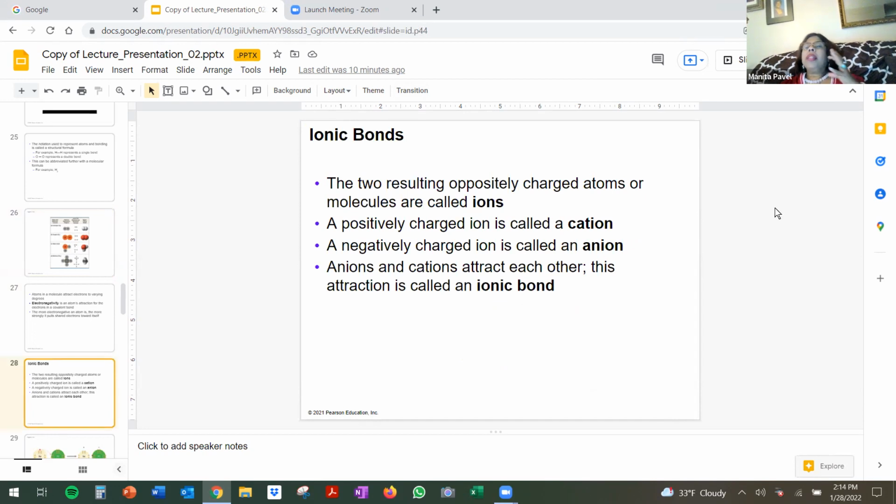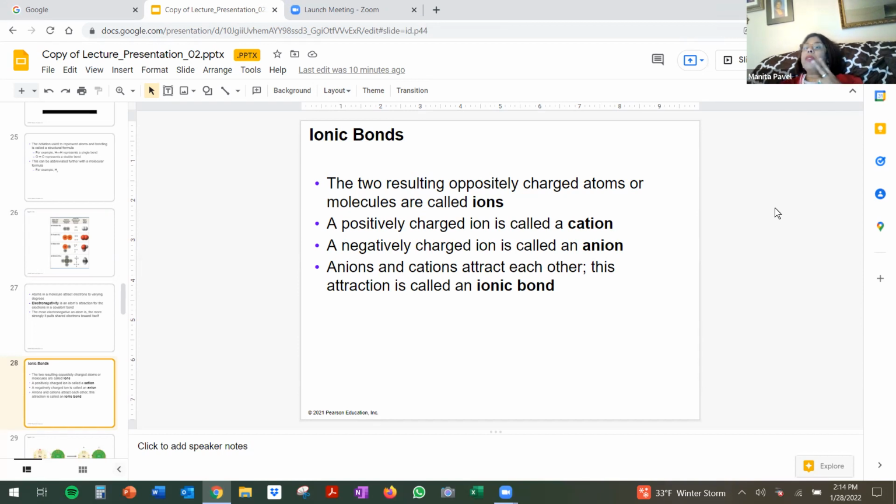So what then is an ion? An ion is a charged particle that is formed either when an atom donates an electron or accepts or gains an electron. To put it into perspective, if I am an atom and I am unstable, I could be unstable for two reasons.